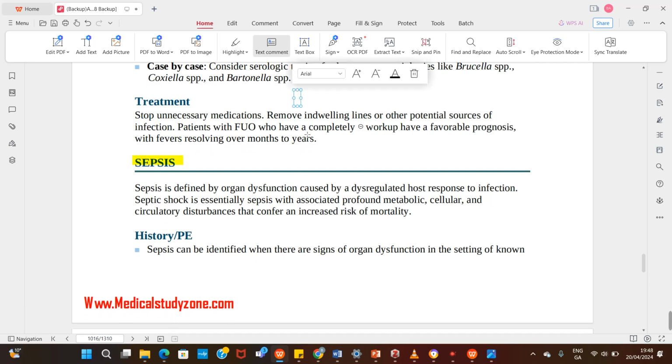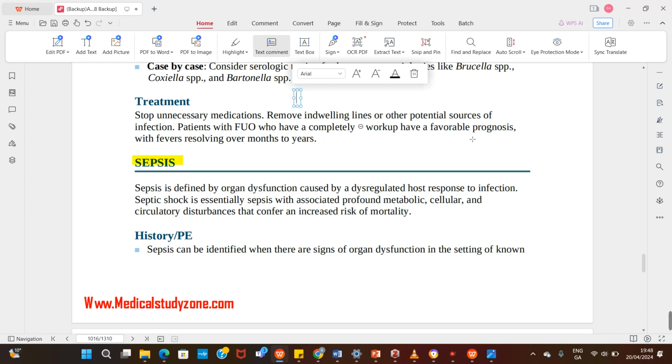You want to remove catheters, lines, they are sources of infection, right? But people in whom you don't find anything at the end of your investigation, it sounds paradoxical, but they actually have a very favorable prognosis because it's going to resolve within some months to few years. So that is that.